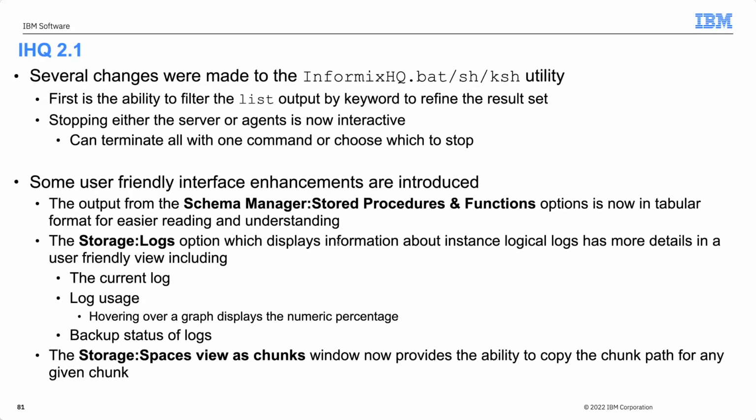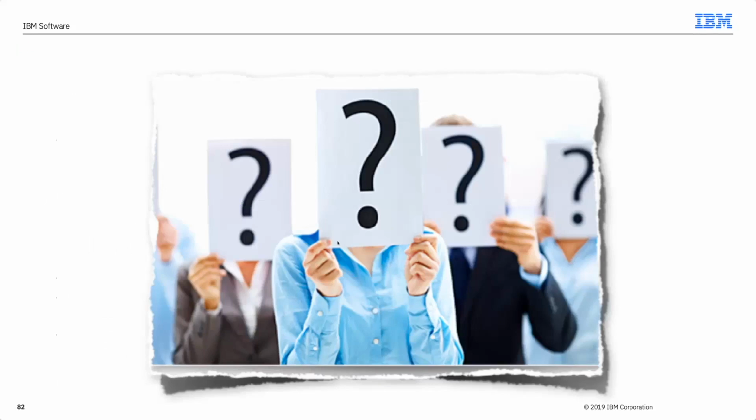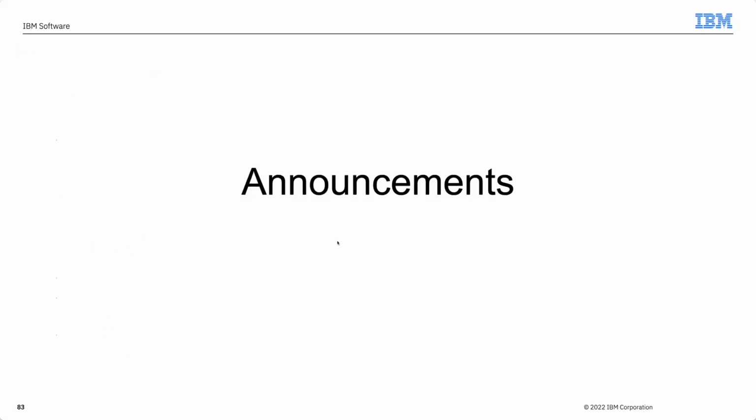In the logical logs section, we're now showing you which is the current log, what the log usage is, and if you hover over it, it will actually give you a numeric value of how much has been used, whether the logical log is backed up, and so forth. And finally, there's now a button that allows you to copy the chunk path in that particular window, and that's IHQ.